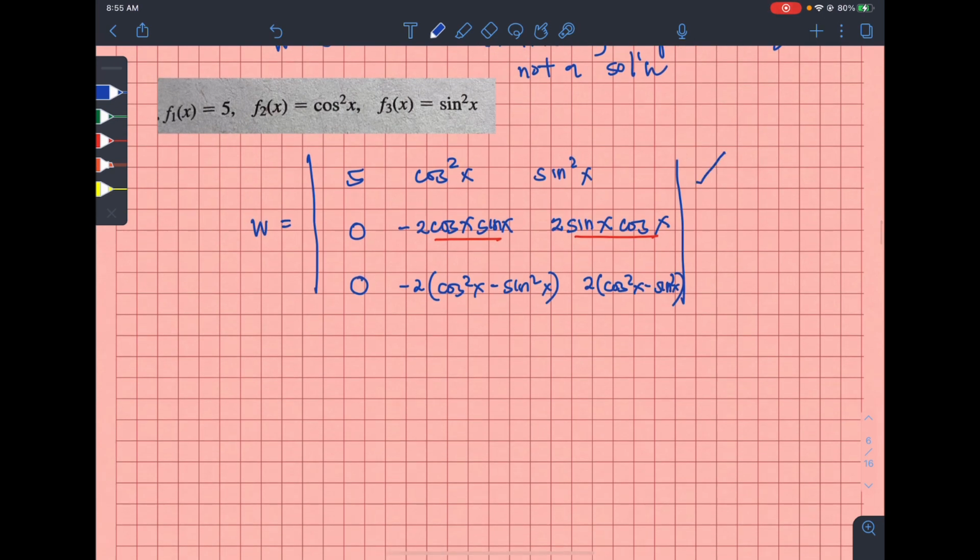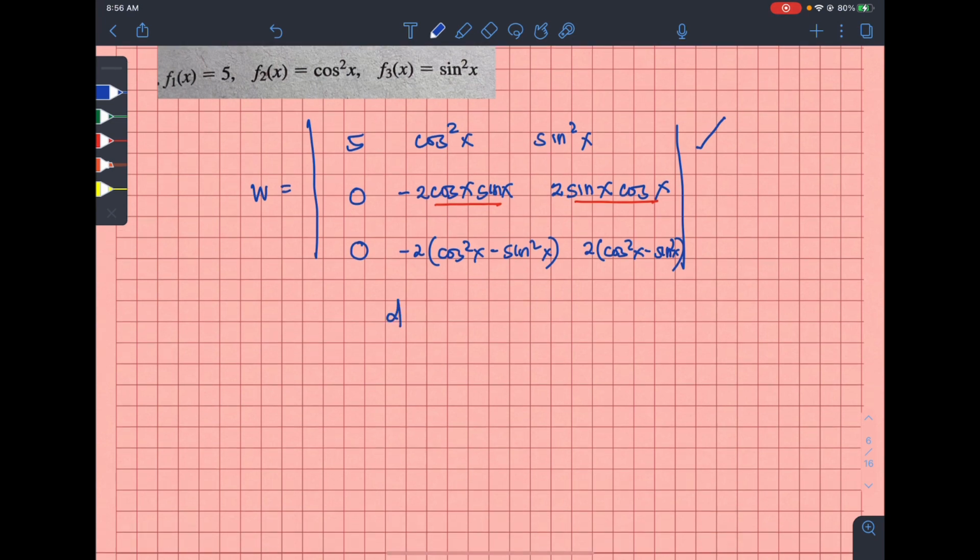It's already written. The first row is 5, cosine squared x, sine squared x. Then the derivative of 5 is 0. The derivative of cosine squared is negative 2 cosine x sine x. Sine squared is 2 sine x cosine x. And then using the product formula, the derivative of cosine x sine x is cosine x times the derivative of sine x, which is cosine x, plus sine x times the derivative of cosine, which is negative sine x.